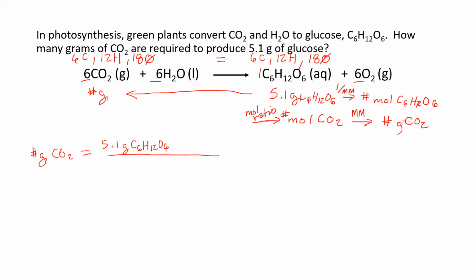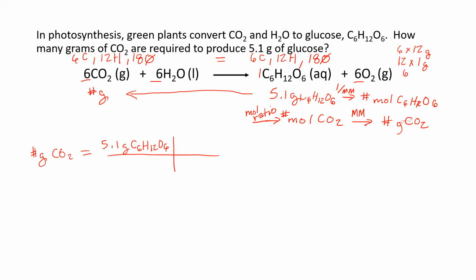And we need to calculate the molar mass of glucose. Well, if you calculate the molar mass, we've got six carbons, so that's 6 times 12. We've got 12 hydrogens, and we'll go grams since we're calculating molar mass. The molar mass of each hydrogen is 1 gram.